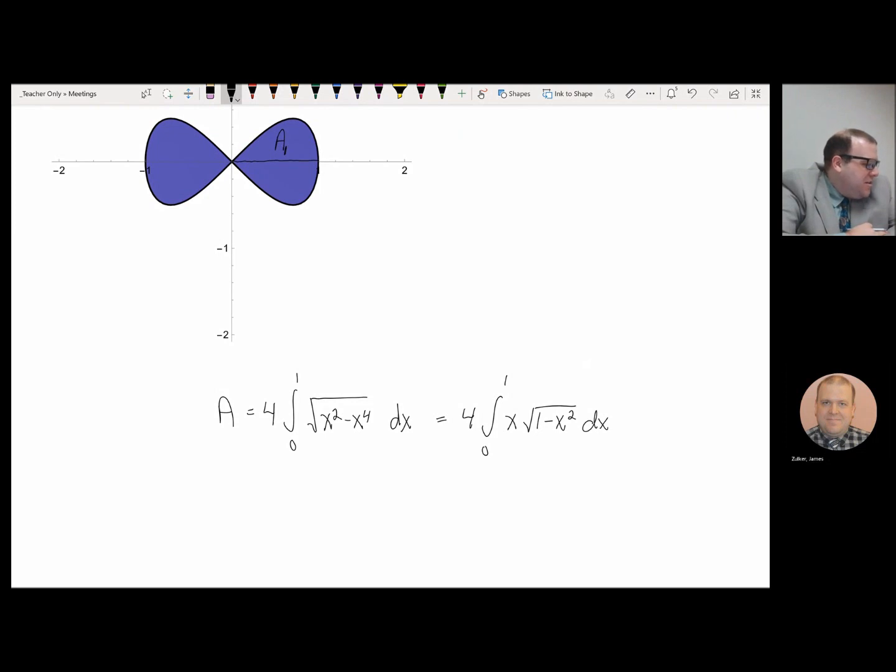You can factor out x squared. Now it becomes a simple u sub. However, I'm going to take this opportunity to show you how to do integrals in Mathematica.